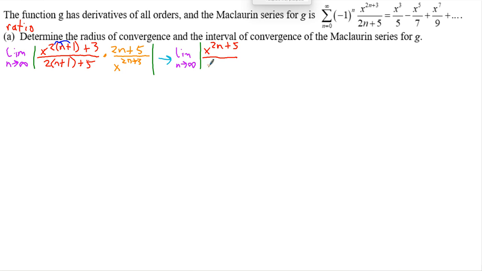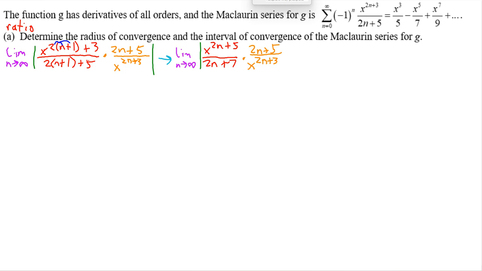So that'd be 2n, and then the 2 plus 5 would give you plus 7. And then this one's already simplified: 2n plus 5 over x to the 2n plus 3.